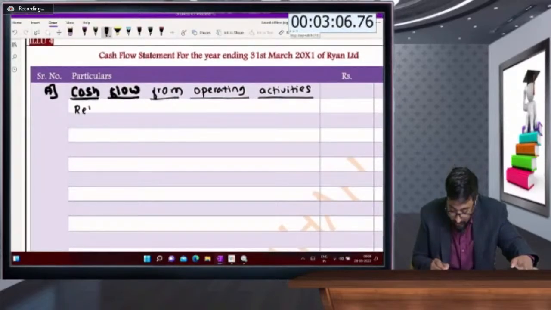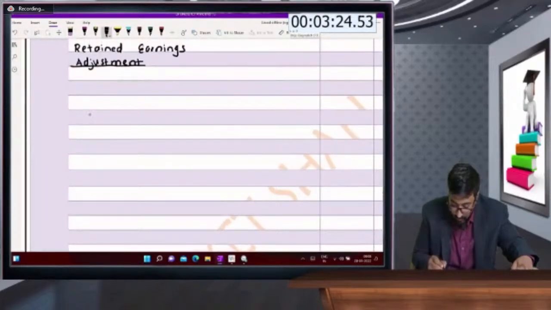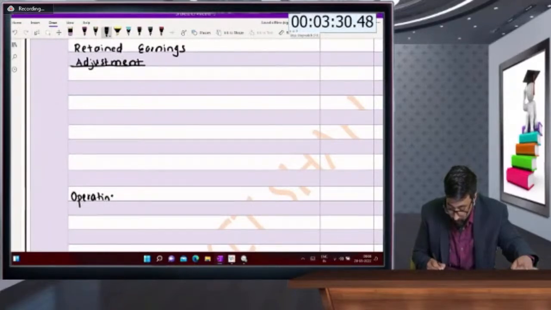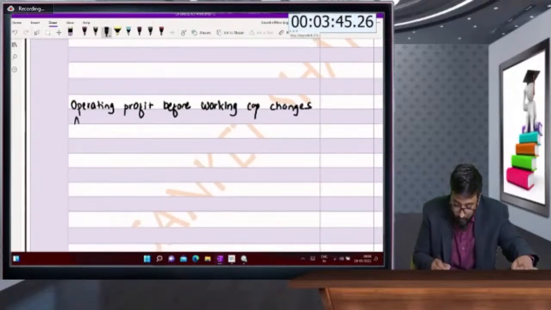We'll start with retained earnings. If dividend is there, we'll start with retained earnings. Adjustments, after 8 lines, operating profit before working capital changes. Again, adjustments.